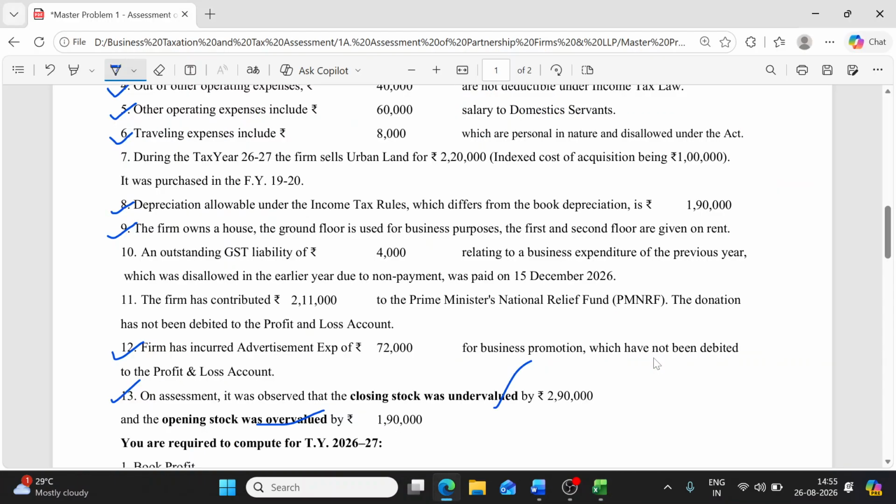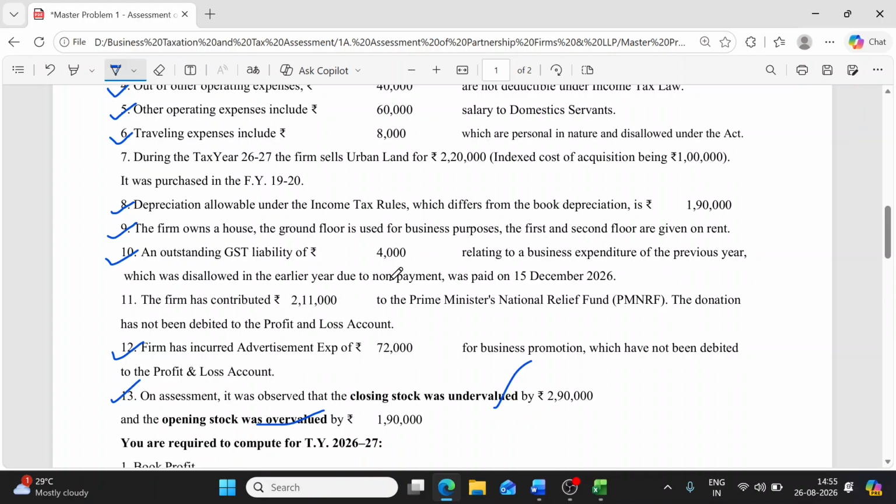And just like that, there is one more, in adjustment number 10. There was outstanding GST liability relating to business expenditure of the previous year, but in the previous year it was disallowed because of non-payment. But in the current year, on 15 December 26, right now we are doing tax assessment for tax year 26-27, so it is paid in the current year.